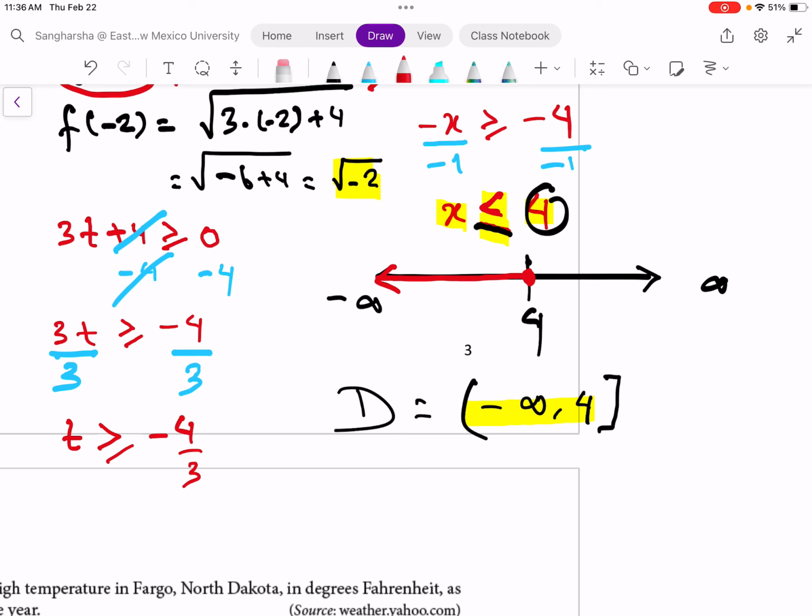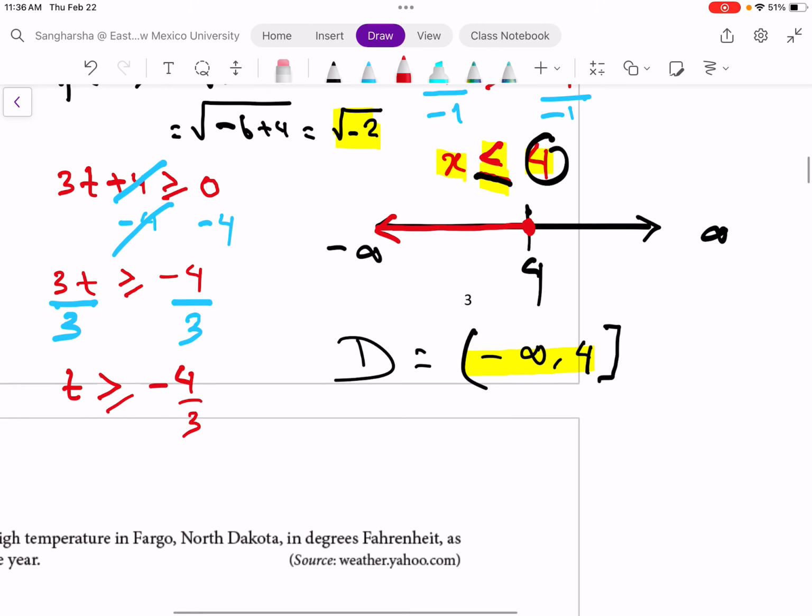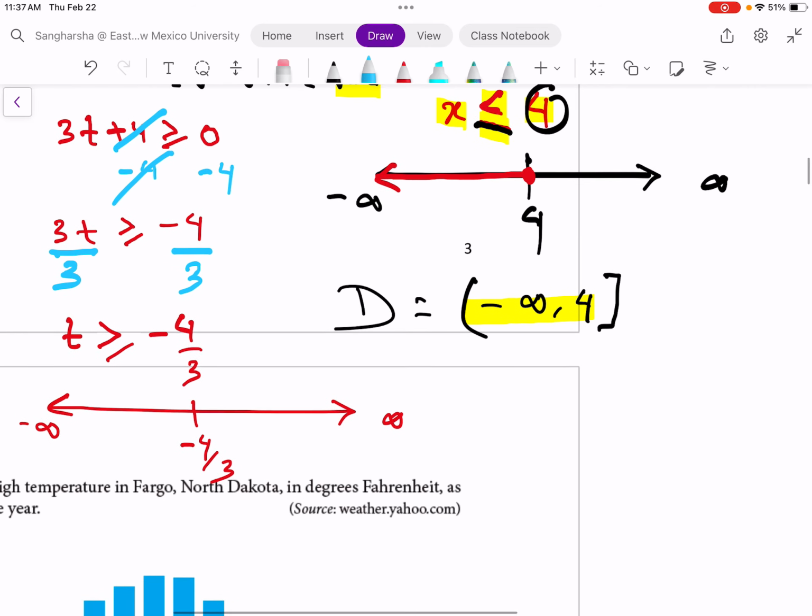Now how do we write this in interval notation? You draw a number line. You have negative infinity, positive infinity. Let's say we have negative 4 over 3 here. At negative 4 over 3, is it a closed circle or open circle? Closed, because we have equals to here. Now, is t greater than negative 4 over 3 on the right side or left side?